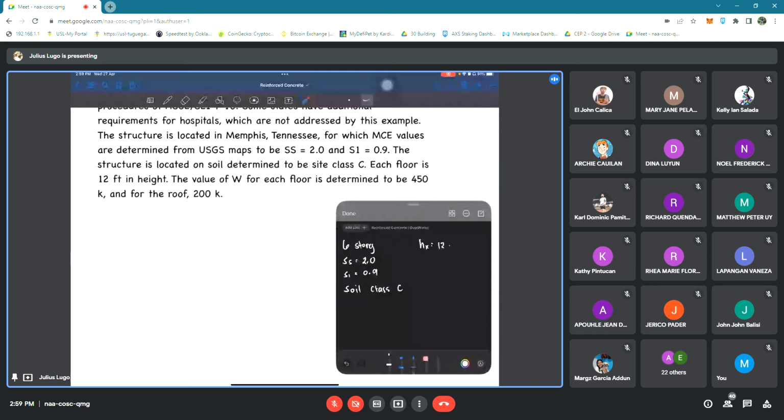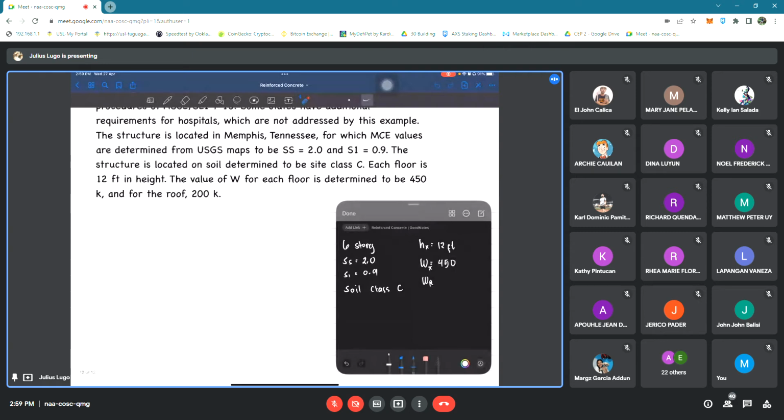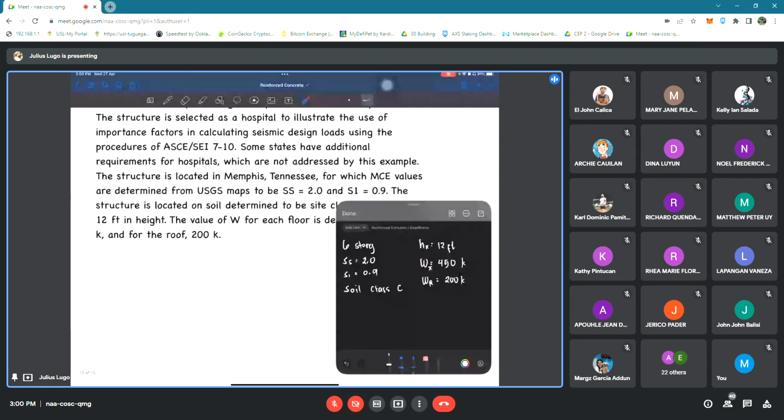And then we have W equals to 450, that is for each level. And then W of the roof is equal to 200 kips. So those are actually the given. Okay. So let's try to solve this one.